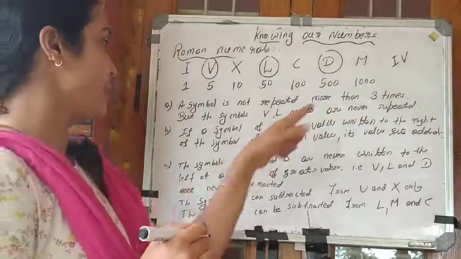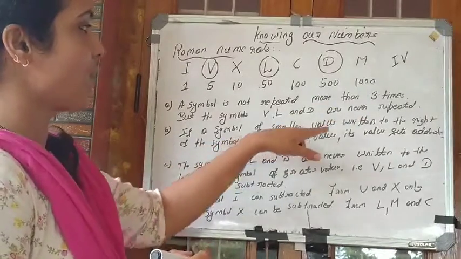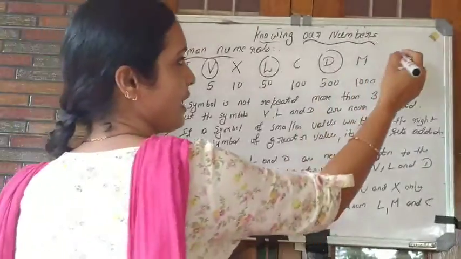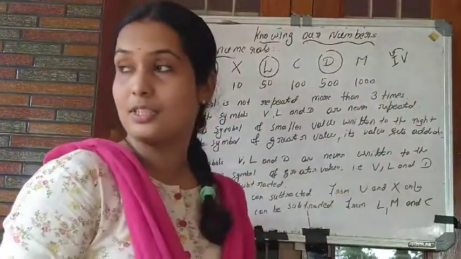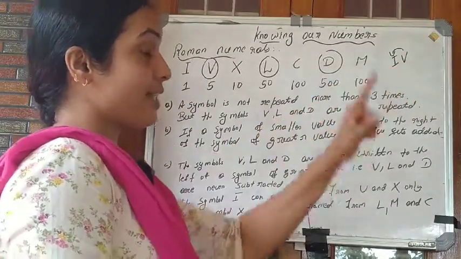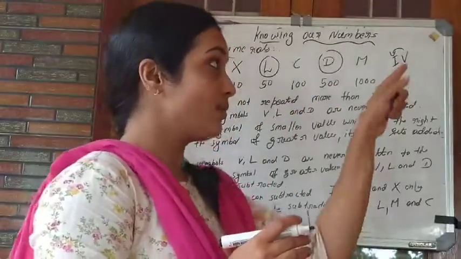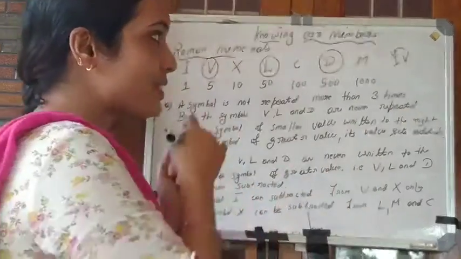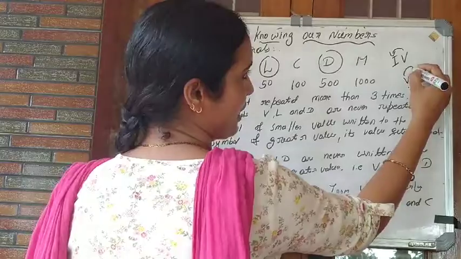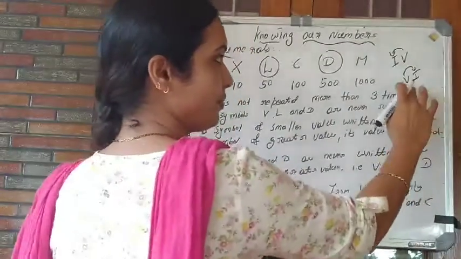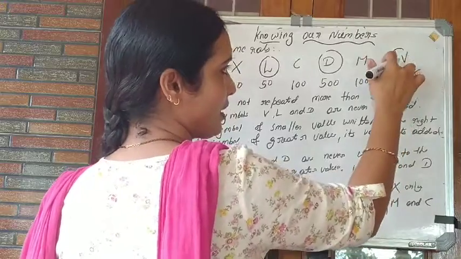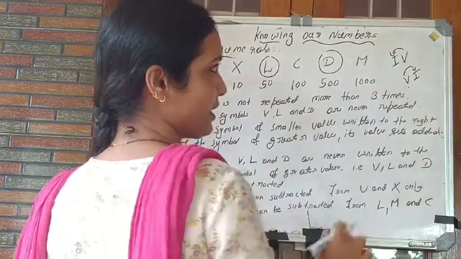IV. Here, the smaller value is written to the left side of the symbol of greater value. This is the smaller symbol, written on the left side, and this is the greater symbol.